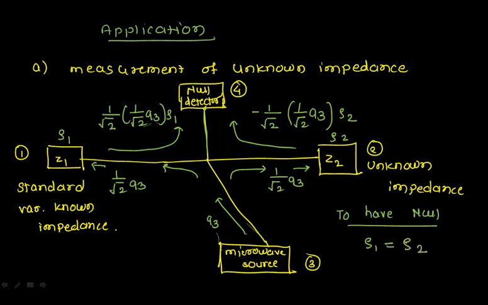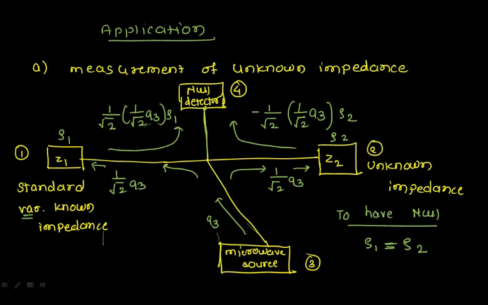Now you are having a standard known impedance, and this is a variable known impedance. So you will change this known impedance until your rho 1 becomes rho 2. Once it becomes the same, you will detect a 0 here.